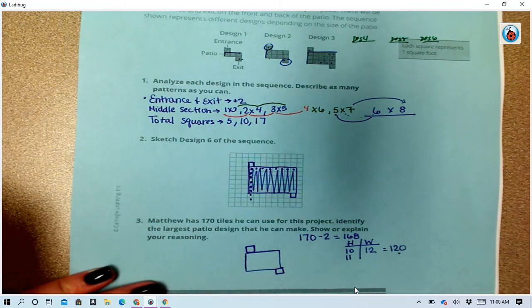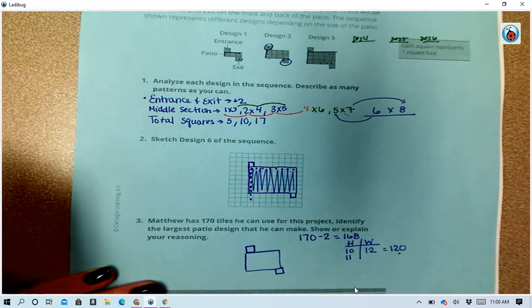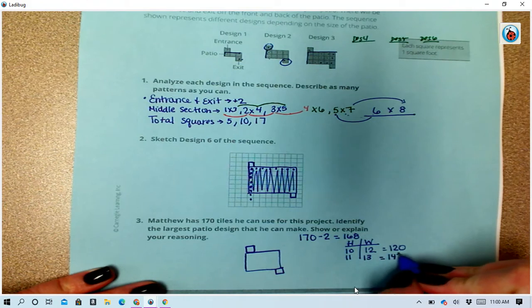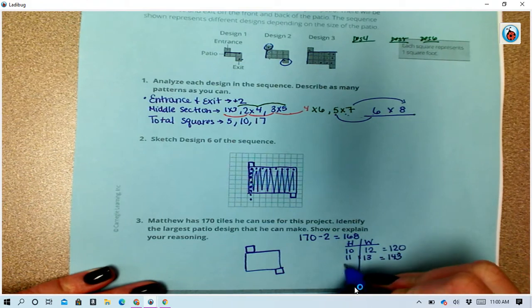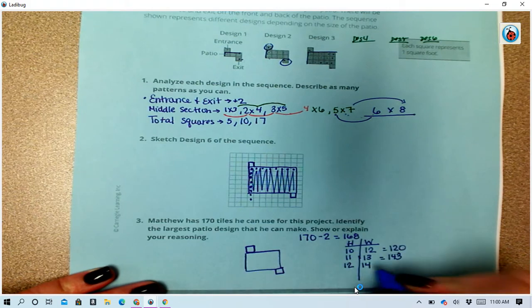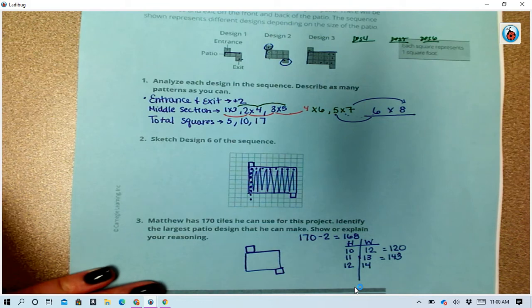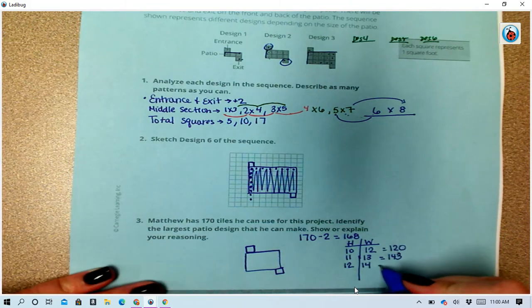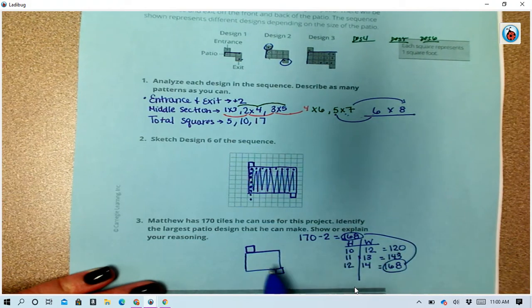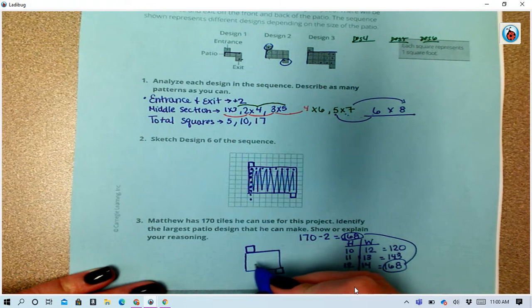So 11 times 13 was the next thing, because the width had to be 2 more, gave me 143. So then I did 12 tiles, and that would have to be 14 over here. And 12 times 14 gave me 168, and 168 was all I had left. So the dimensions of this patio would be 12 by 14.